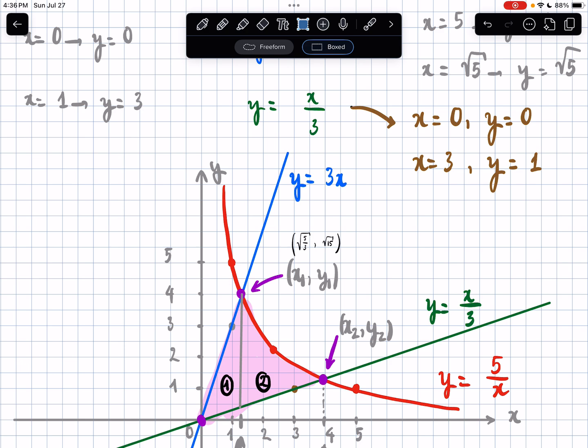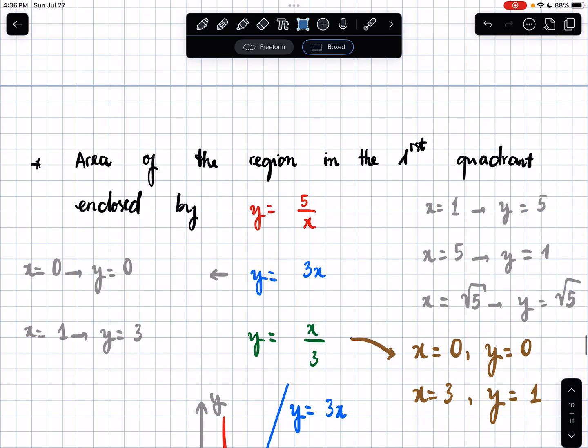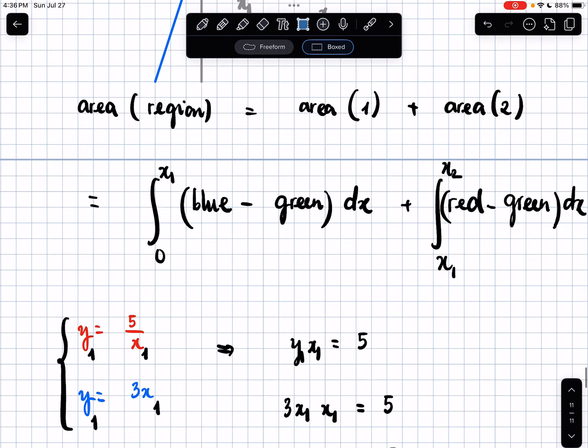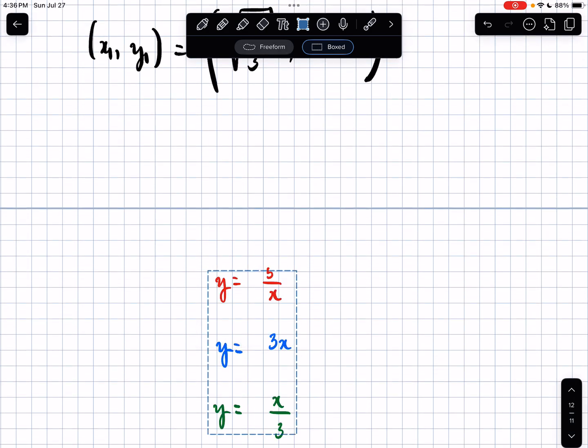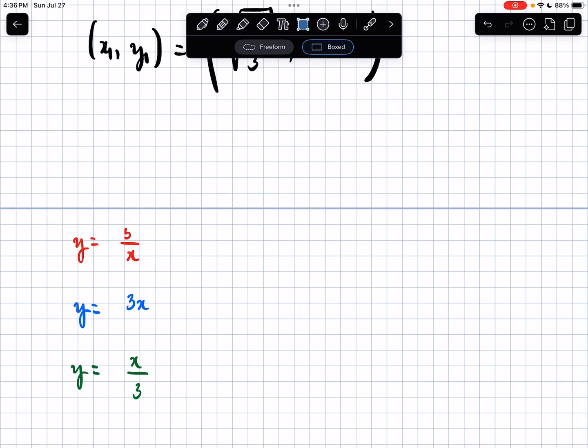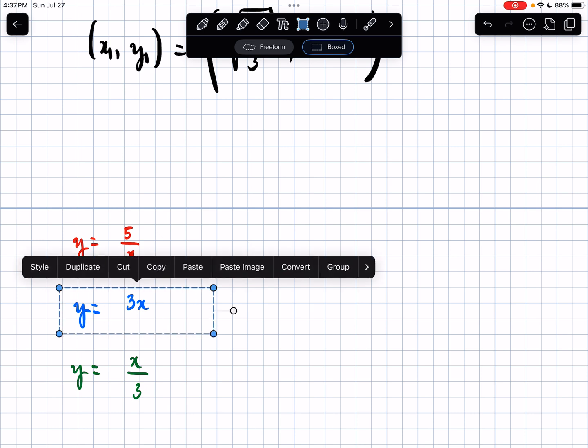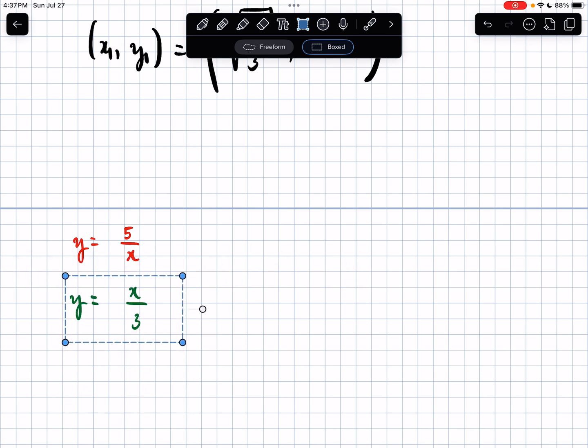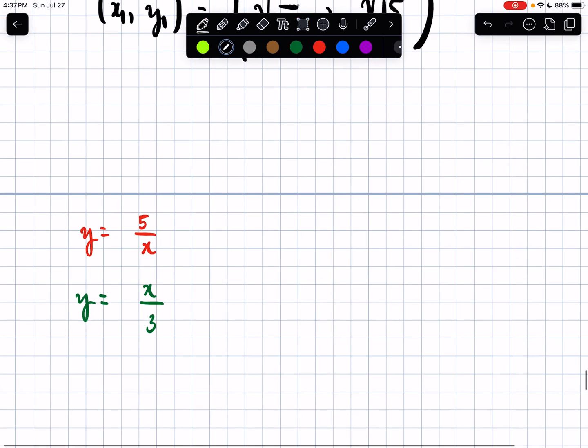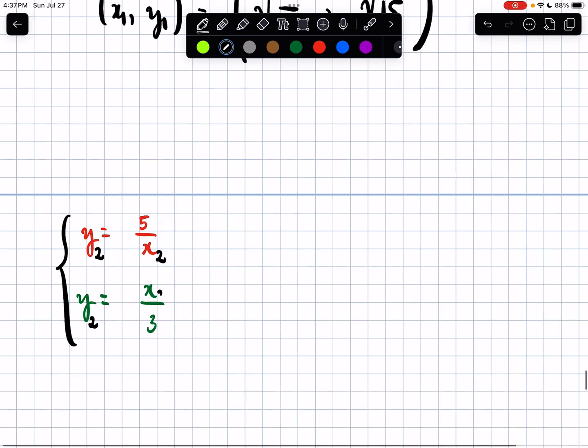(x2, y2) is the intersection of the red and the green curve, so it needs to satisfy the equations of both the red and green curves.